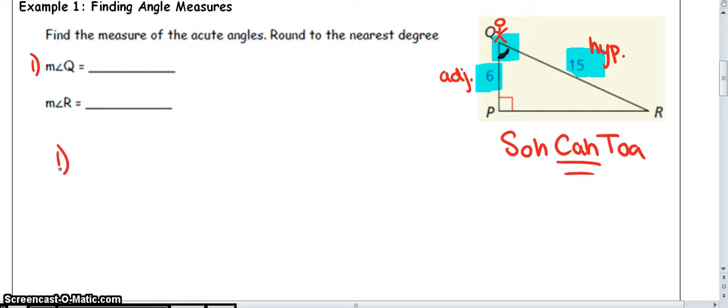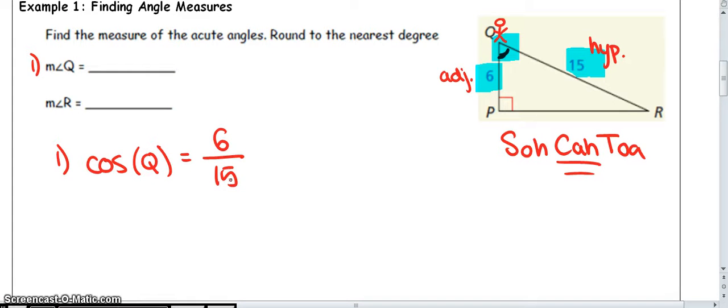So for the measure of angle Q, I'm going to use cosine, COS, of angle Q, because I have to take the cosine of something. That's equal to the ratio of the adjacent over the hypotenuse, and we can substitute in the actual numbers now that we know the relationship. So the adjacent is 6, the hypotenuse is 15, and there's my equation that's going to help me solve for the angle measure.